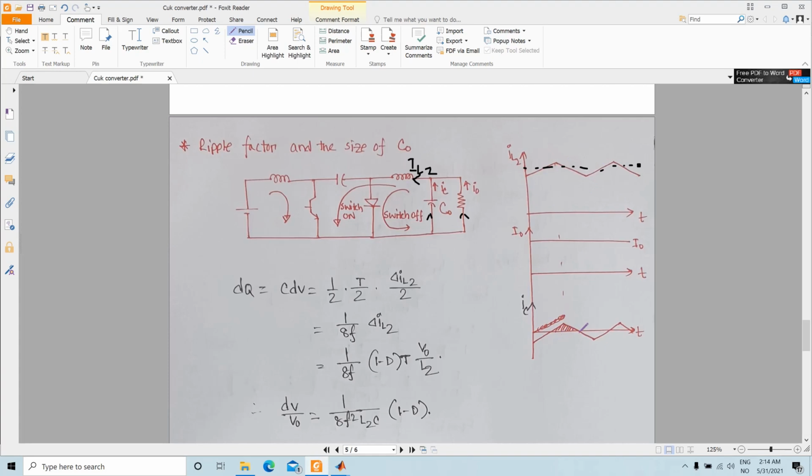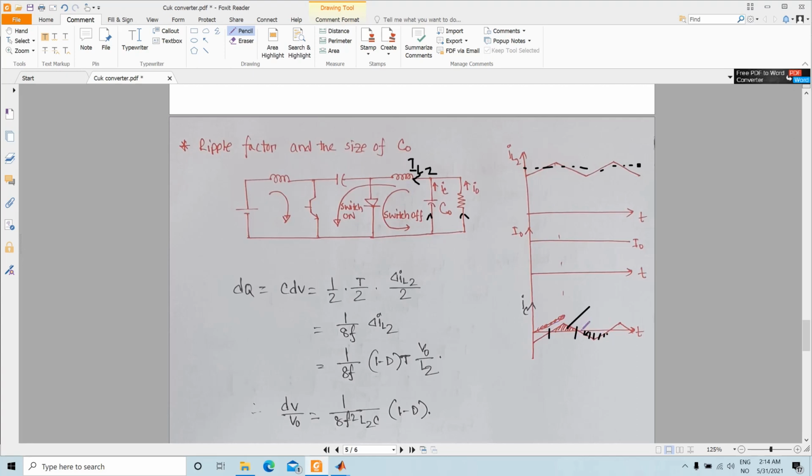So IC can be written like this, and then our next approach is to calculate the area of this shaded part. This is the amount of charge that is transferring. For a certain time we have a charge transferred here, and then the other part will go in this direction. So you can again calculate the area of either of these triangles.